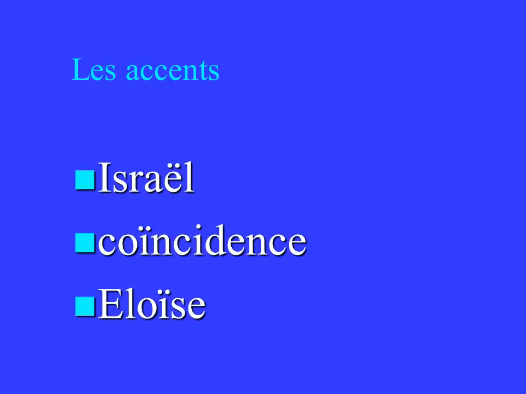We're separating the O and the I instead of the English coincidence, where we're also making that separation, but in English we don't have the tréma. And the name Eloïse, which we're pronouncing, separating the O and the I, both in English and in French. Otherwise, in French, it would be pronounced differently, not as pretty as Eloïse.